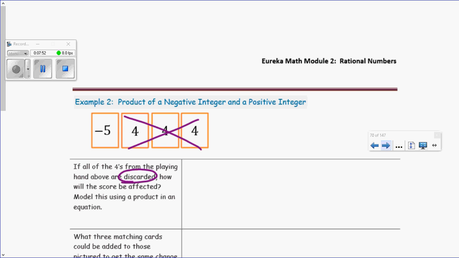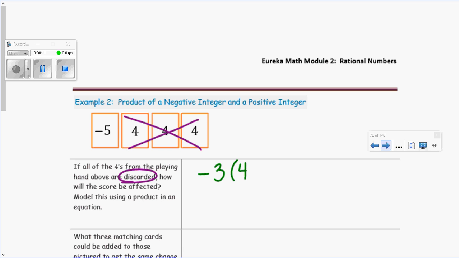Okay, so if I discard those 3 4s, what's going to happen to my score? Well, I think you all know that that is going to cause your score to go down. So let's take a look at what happens. I'm discarding 3 4s.